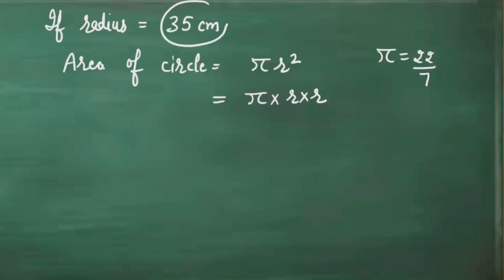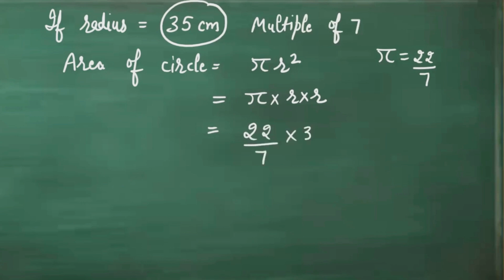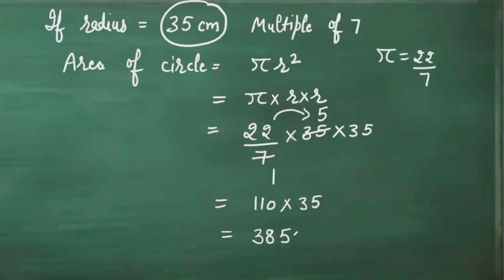Because the radius is a multiple of 7. So we'll put the values here. 22/7 in place of pi. R is 35 into 35. We can simplify it. 7 ones are 7, 7 fives are 35. So 22 into 5 is equal to 110, into 35, which is equal to 3850 centimeter square.